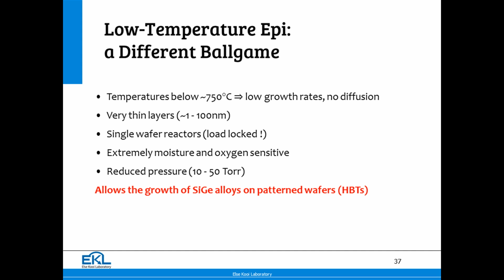Everything got better, but now we have it at 700, 650 degrees, extremely moisture and oxygen sensitive, and we do it at 10 to 50 torr. And well, the process allows the growth of silicon germanium alloys on patterned wafers because of the low temperature. Diffusion does not play a role anymore.